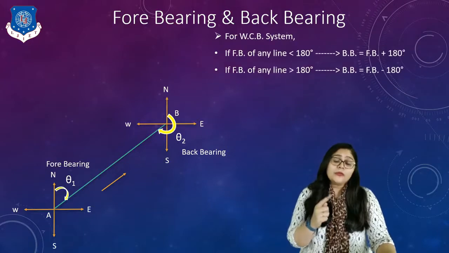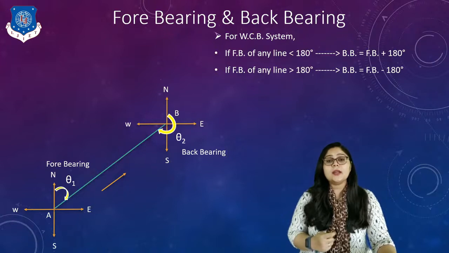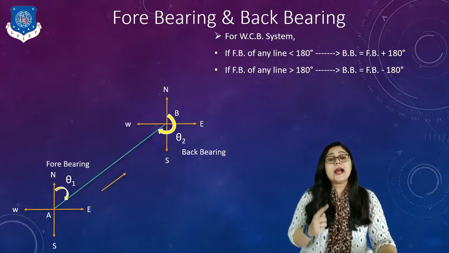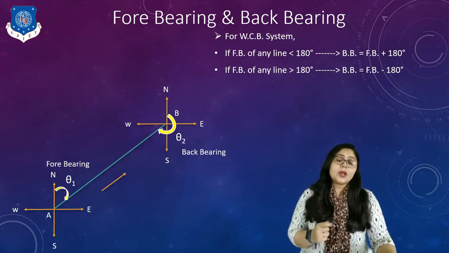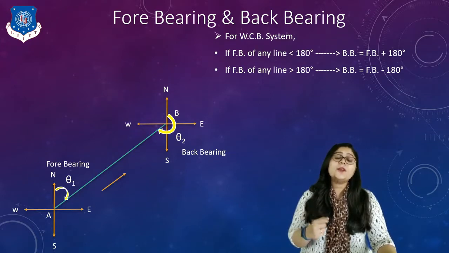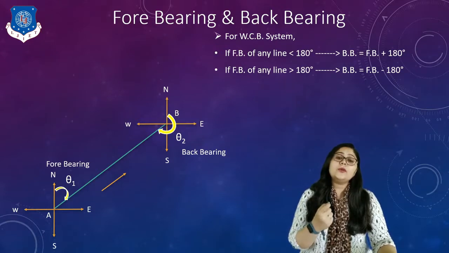Now, we know there are two systems, WCB and QB, to measure the angles. For WCB, there is an equation, because you can see clearly in this figure that the difference of forebearing and back bearing should be 180.